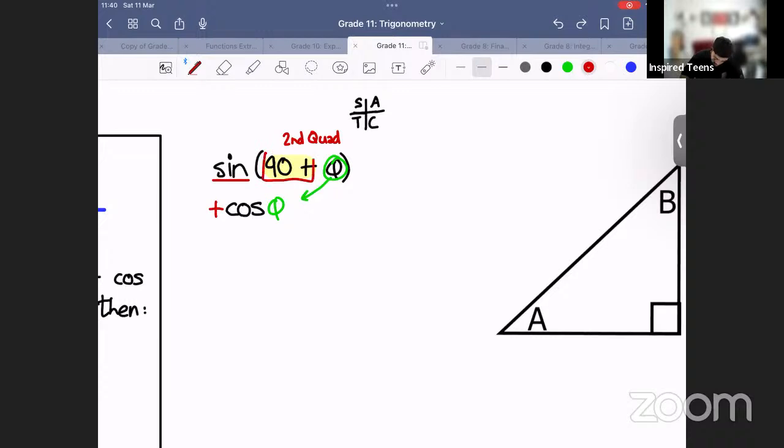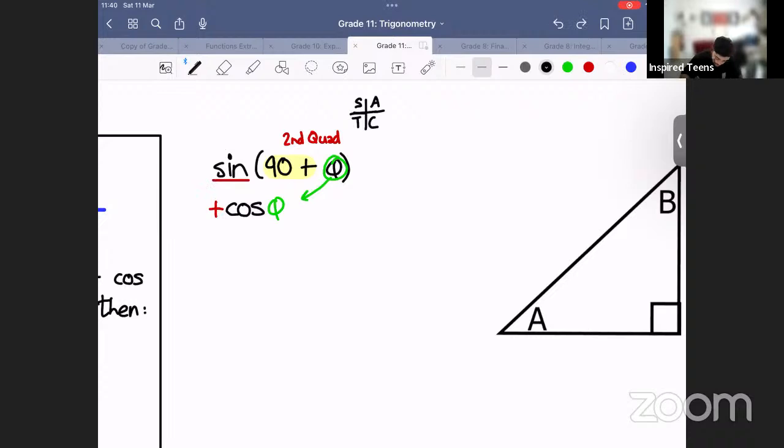Using my reduction angle, I decided which quadrant I am in: second quadrant. Is my first trig ratio positive or negative? It is positive, therefore I put down positive, and then I put down change from sine to cos. If you're going to use cos, you're going to get negative, because in the second quadrant, cos is negative. But we don't care, we get our sign from the first trig ratio.